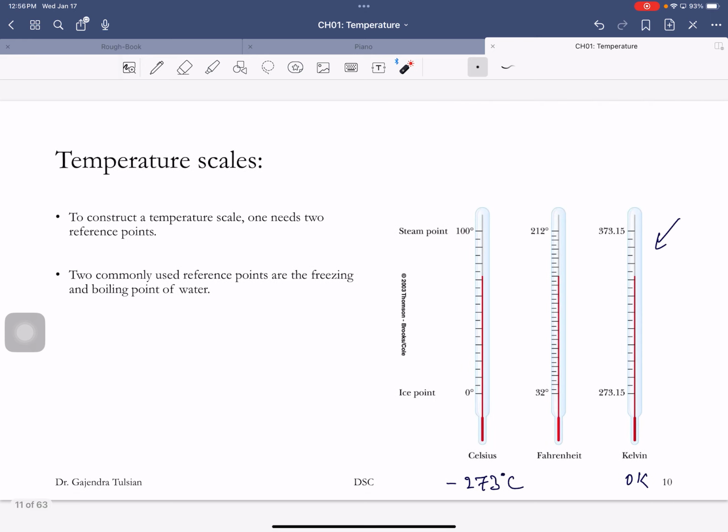Now, to define a temperature scale, what did you need? Two points of reference. Right, two physical phenomena. For temperatures that we encounter in our everyday life, these two are good enough.